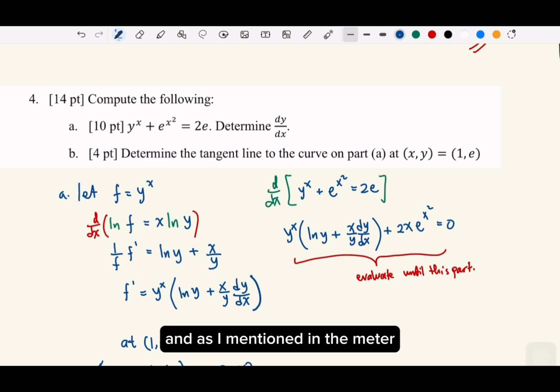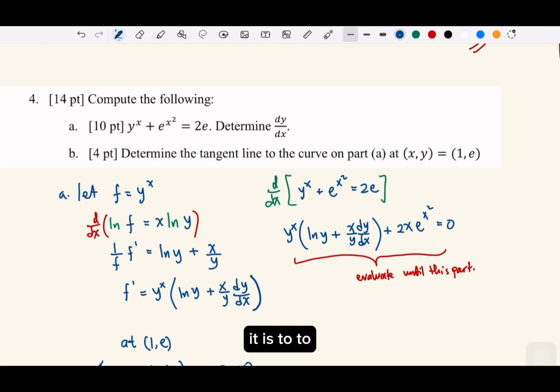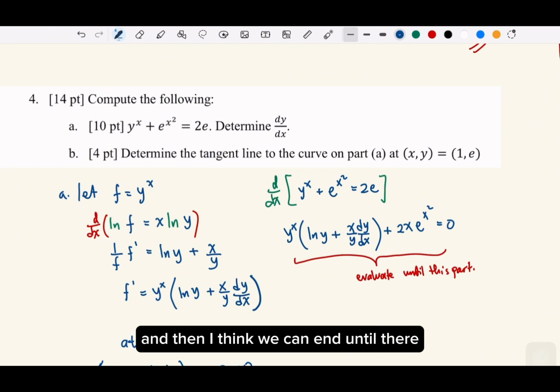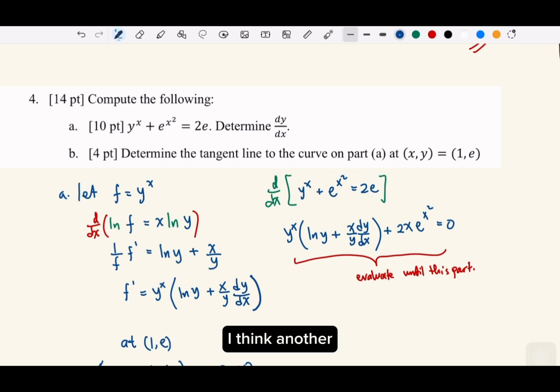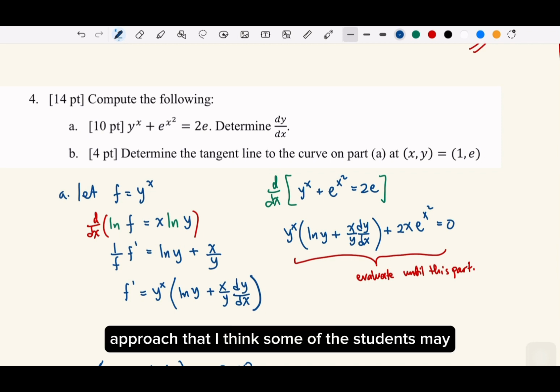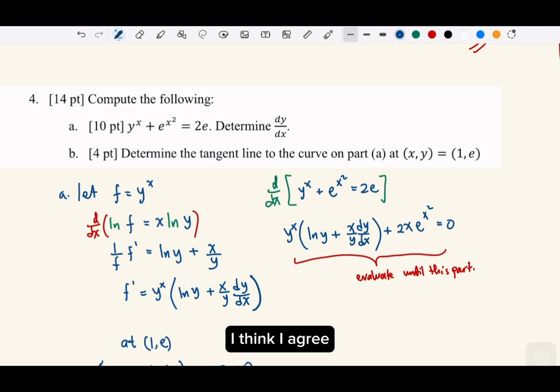And then we put back this f prime into our equation, which is here. And as I mentioned in the midterm, you don't need to express it until dy/dx equals something. You can just express it as it is to manage your time. So we can just derive this, and then I think we can end there. I think another approach that some of the students make, I agree.